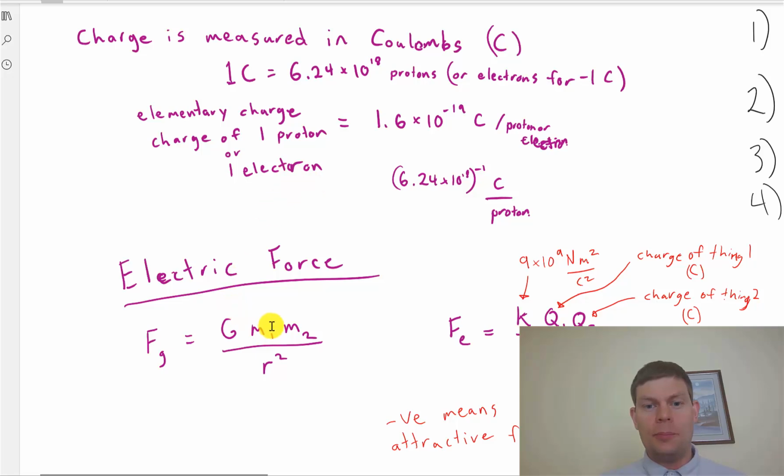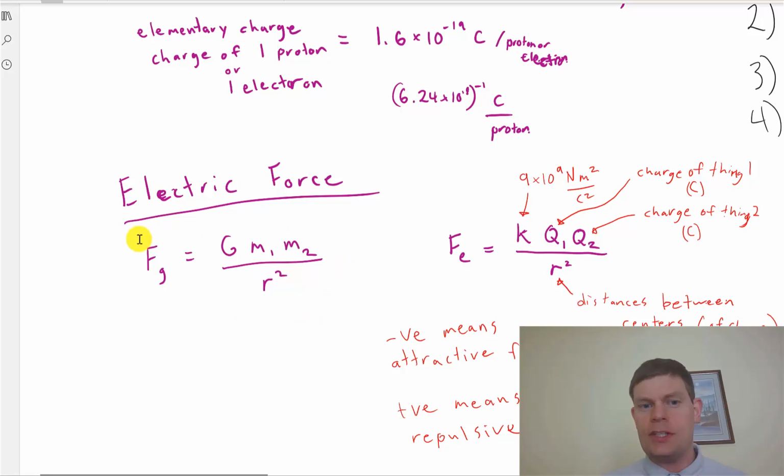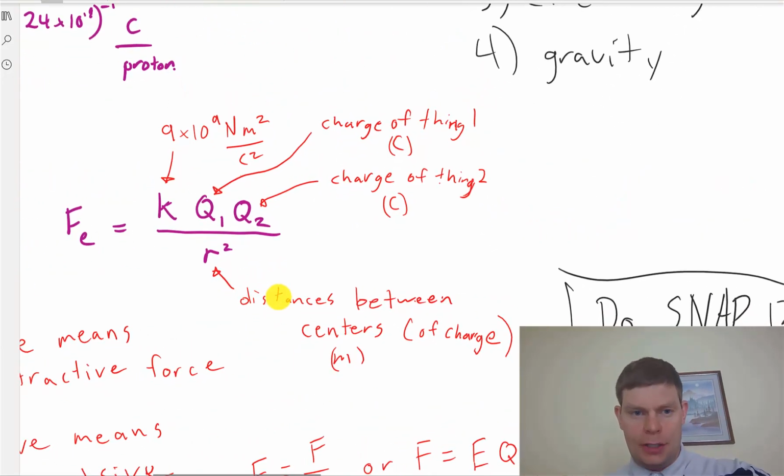So our big new formula right now, I've written the gravitation formula just for comparison. In gravity, the force of gravity was equal to some constant to make the units work, times the mass of object 1 times the mass of object 2 divided by their distance squared. For electric force, which is what we're talking about today, that's going to equal some fundamental constant, Coulomb's constant.